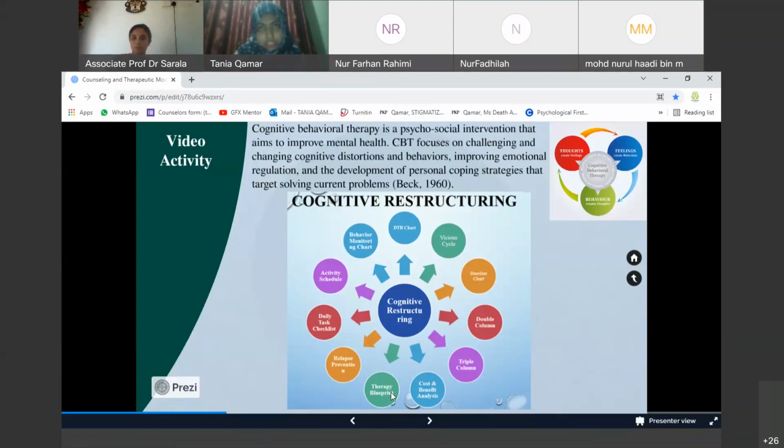And then we ask, if you try to solve your issues through the strategies you learned in our sessions, what are the outcomes? And if you can't use these strategies and can't move on in your life, what are the outcomes of that? So we used the therapy blueprint worksheet and relapse prevention worksheet with the patients.